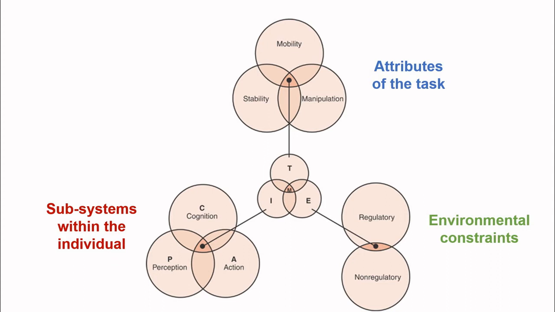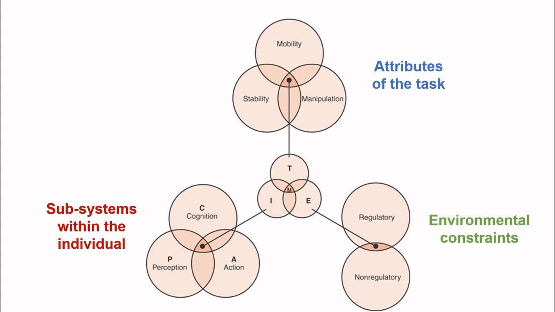I stands for individual, and captures the various functional subsystems within the individual that support effective motor control. This includes motor capabilities, sensory capabilities, and cognitive capabilities.